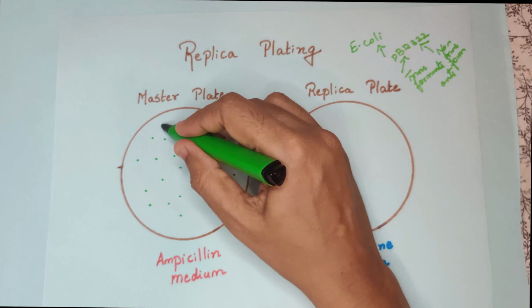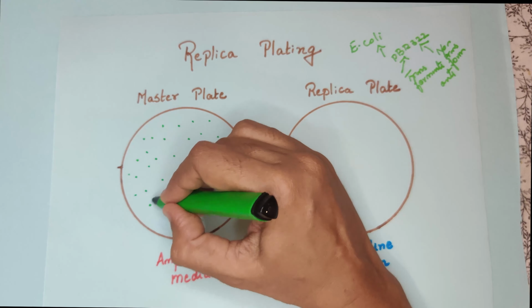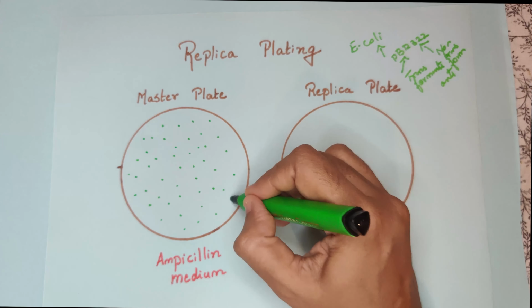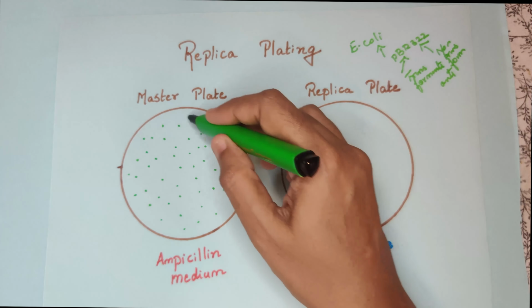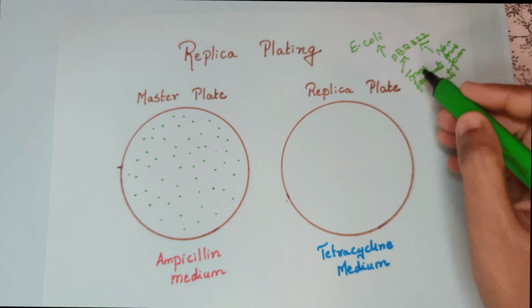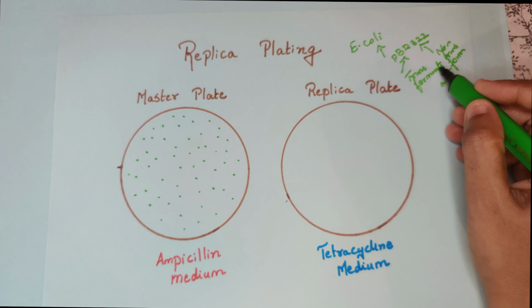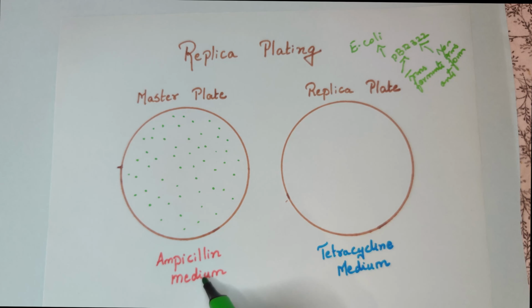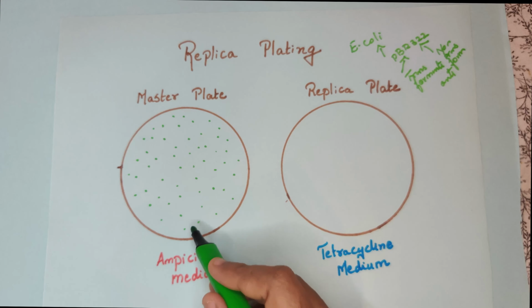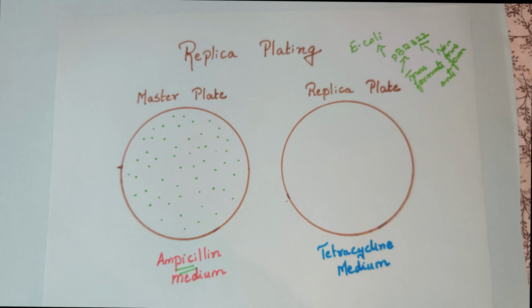Now listen students carefully. This is called the master plate. This is where, in ampicillin medium, both transformants and non-transformants will be able to grow, because in transformants and non-transformants, you can see that the ampicillin resistance gene is intact. And this master plate contains agar that is mixed with ampicillin antibiotic.